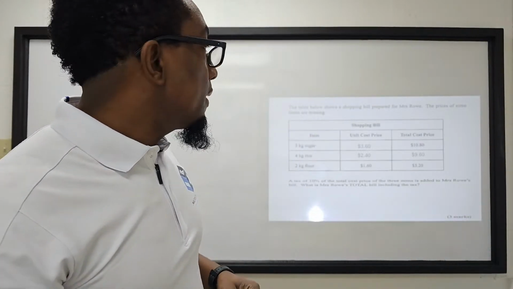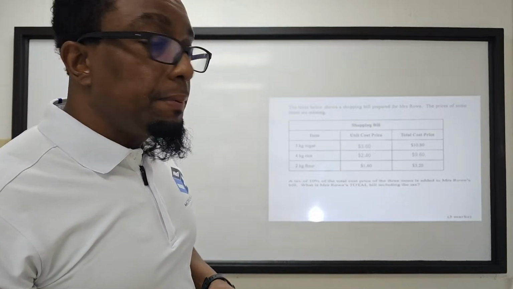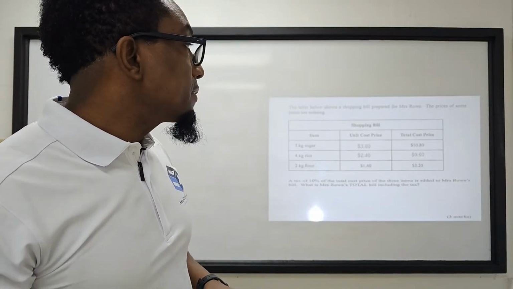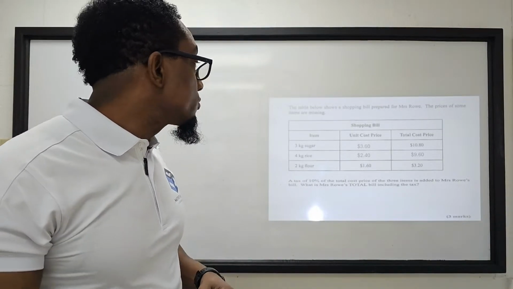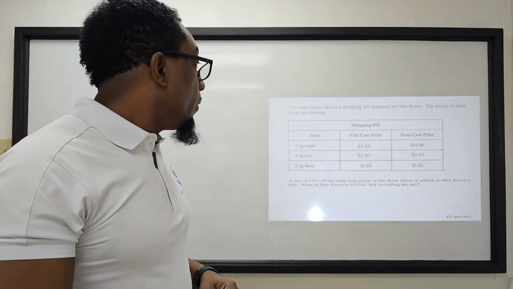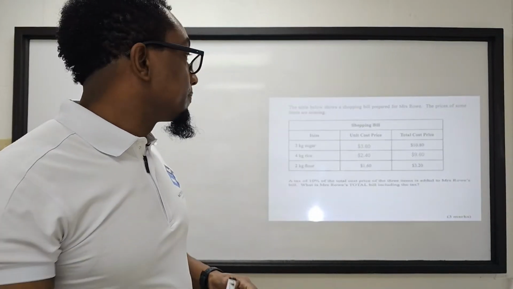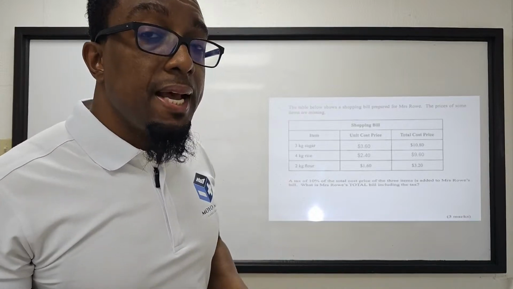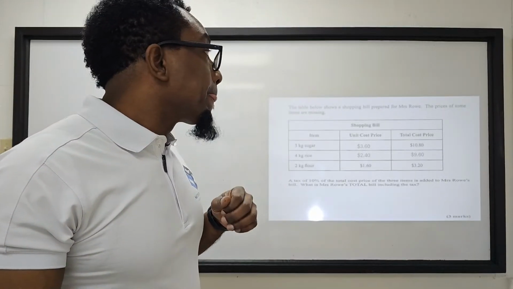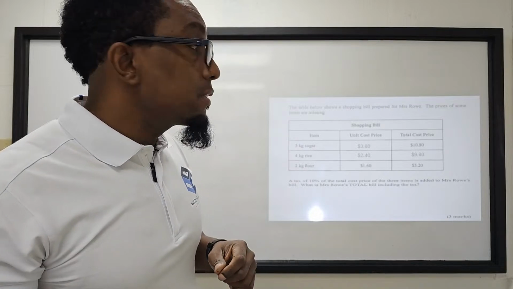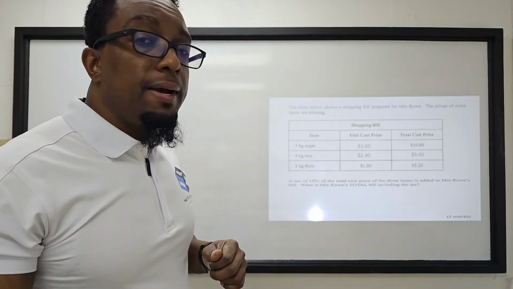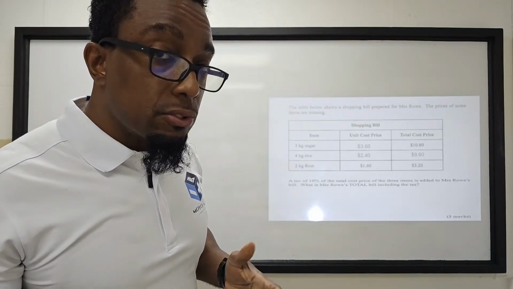And it states here, a tax of 10% of the total cost price of the 3 items is added to Mrs. Rowe's bill. What is Mrs. Rowe's total bill including the tax? So 10% tax is added to the total cost of the 3 items. So let's determine the total cost of the 3 items, and then we're going to add our sales tax to it.